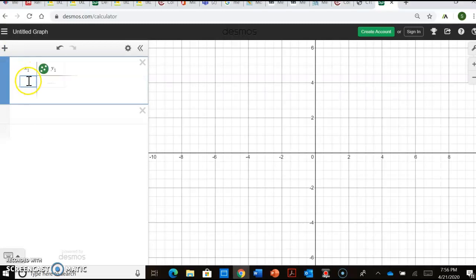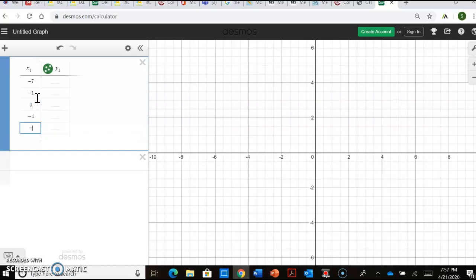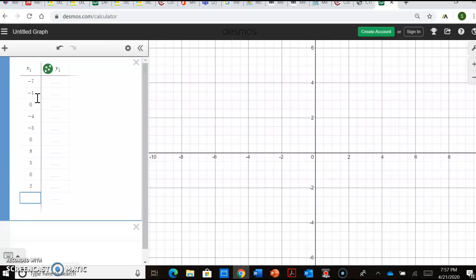And underneath x1, I'm going to enter my data, which is -7, enter, -1, enter, 0, enter, -4, enter, -5, enter, 0, enter, 8, enter, 5, enter, 0, enter, 2, enter.